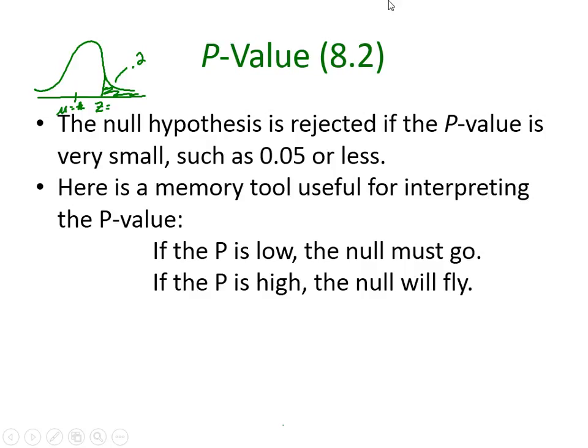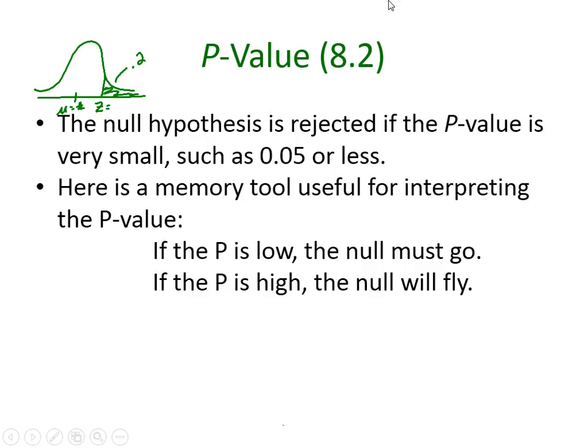So I don't know anything about my original claim. I can't reject it because it's not way off from it. But it doesn't necessarily tell me my mean was right. It just says that it's not so far wrong that I have to reject my original hypothesis. And so that's what this is telling me.